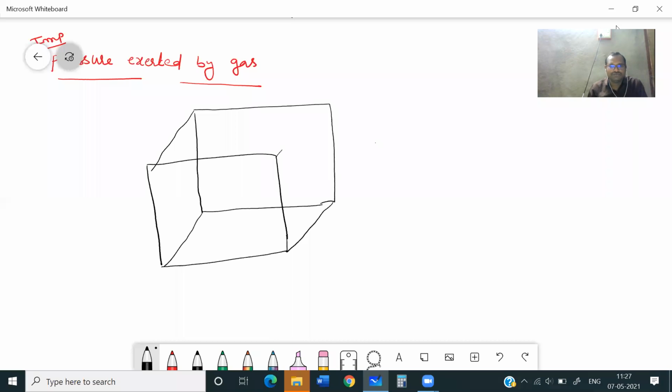Yes, like this, one cube, let us consider, and let us imagine this is the x-axis, this is the y-axis, and this is the z-axis, and this will be the origin. Now let us consider there are n number of molecules inside this volume of the container.